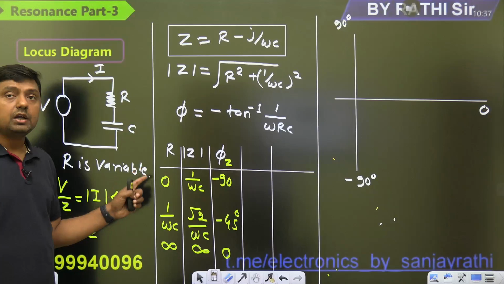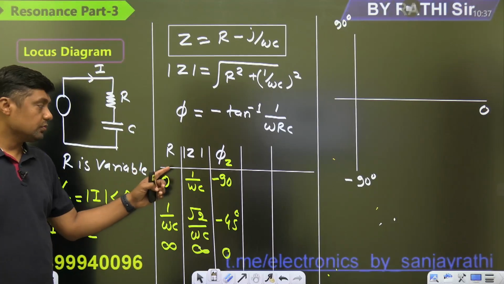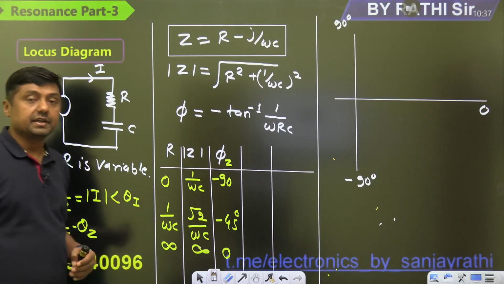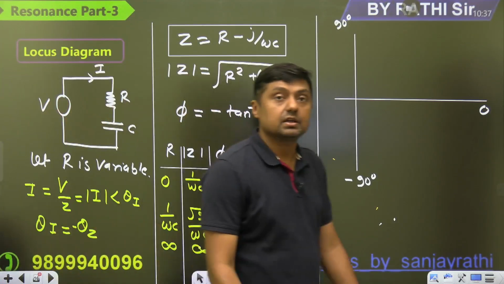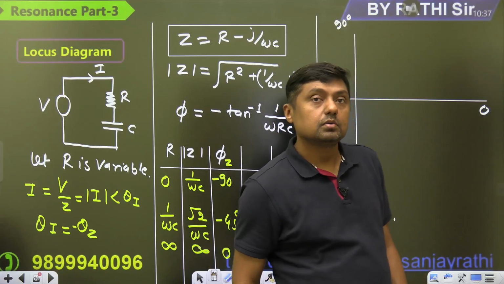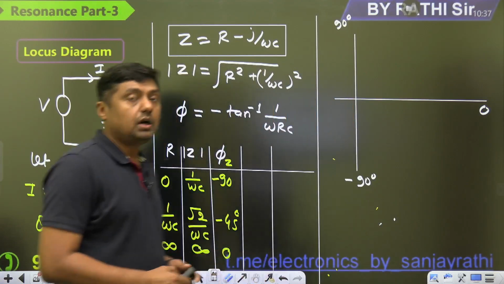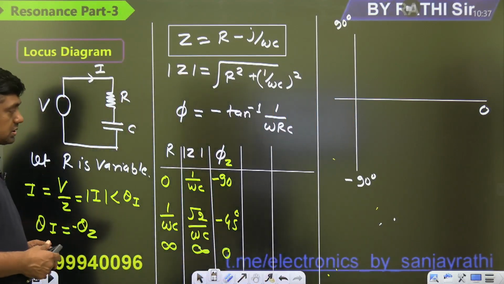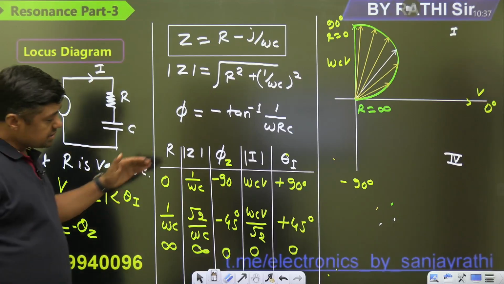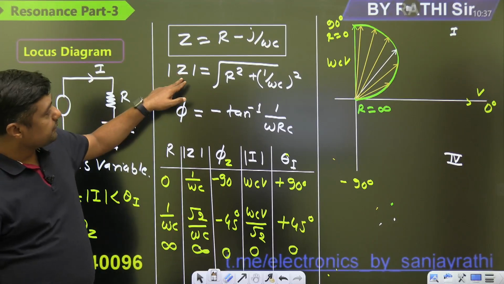Then when the R is 0, what is the magnitude? 1 by omega C. What is the angle? Minus 90 degree. Where is the minus 90 degree? Okay. So first of all, go through the first one. When R is infinity, so what is the Z?